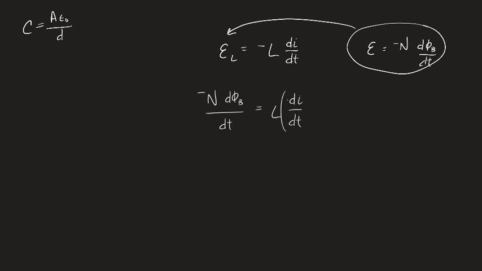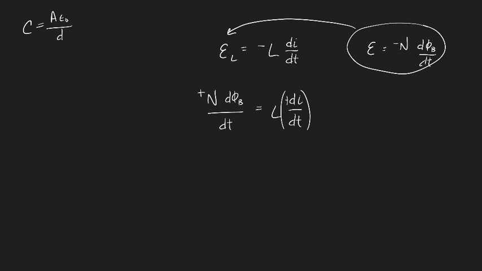I guess I put my negative sign there. The first thing I point out is that the negative signs cancel. Faraday's law already had a negative sign to indicate the direction of the magnetic field that was required to produce that EMF. In the same way that the back EMF is in the opposite direction of the rate of change of the current. So those negative signs immediately go away.